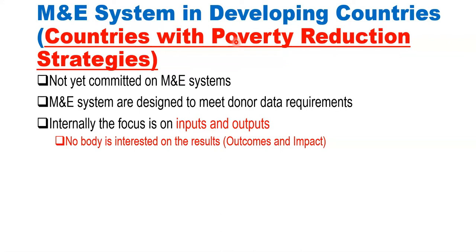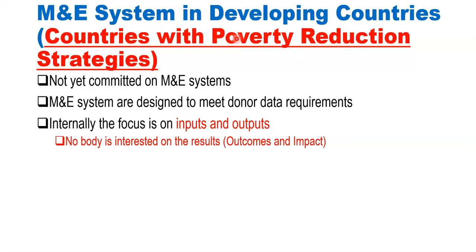So, in these countries, the countries are not yet committed to the M&E systems. They are doing monitoring, but they are not well committed to the system. In other words, they are not functional, they are not effective.